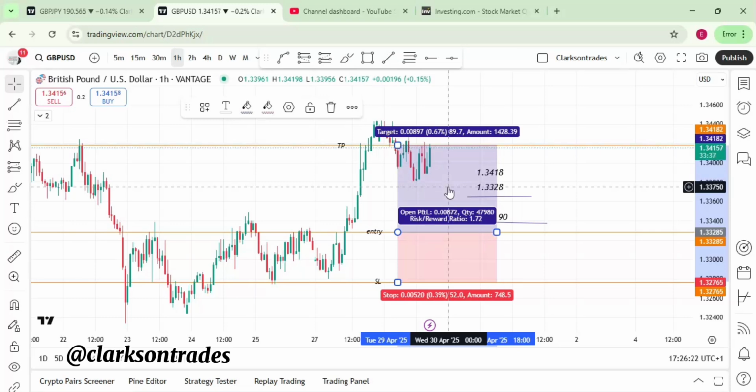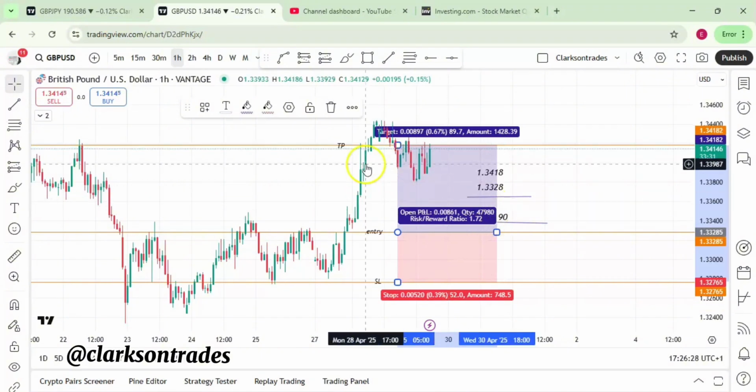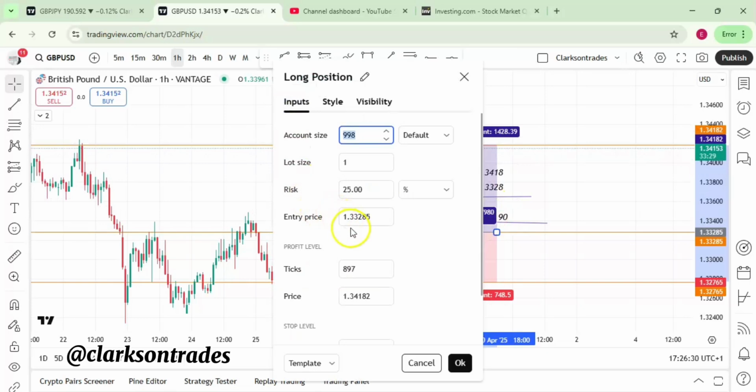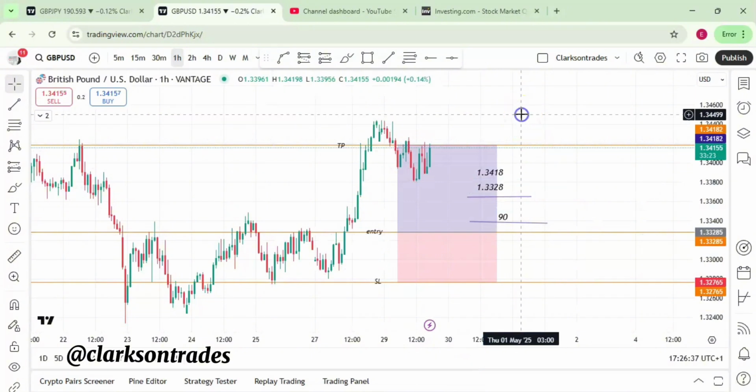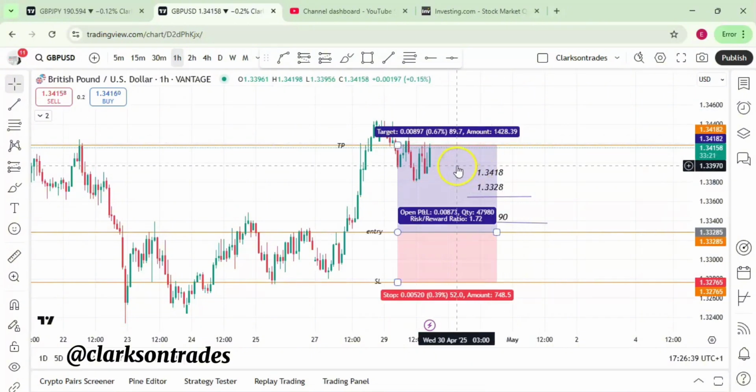So for you to get an accurate number of pips, if you are using the long and the short tool, is actually by going to settings and editing the prices, putting the exact price as on the chart, to get the exact figure of your pips, your take profit and your stop loss.